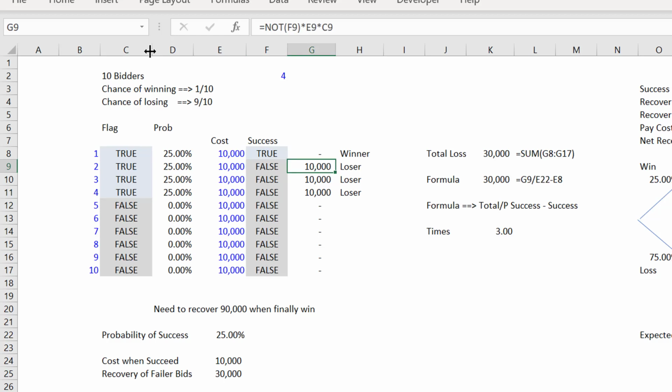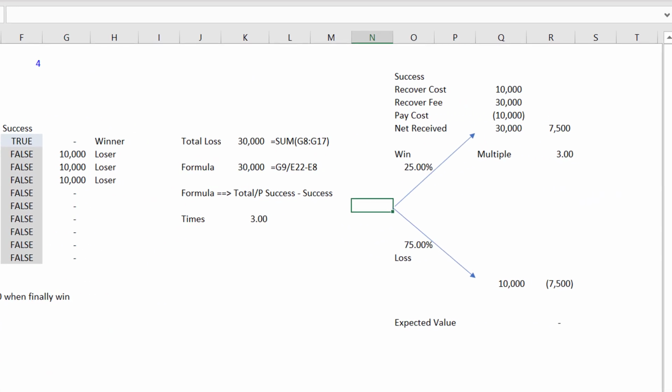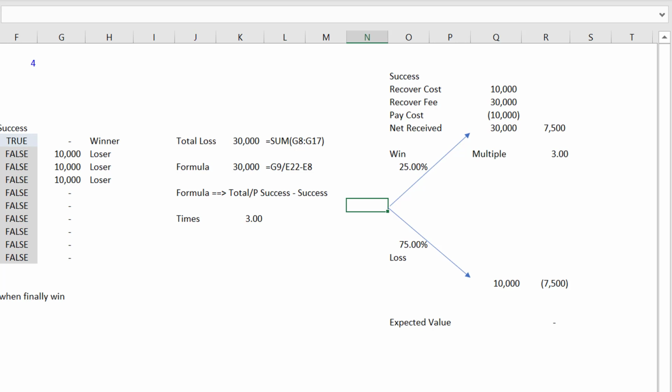And then I said, okay, let's kind of prove that this whole thing works. So we're going to go over here, and we have a probability of winning of 25%, and a probability of losing. So you have a 1 in 4 chance of winning, and a 3 in 4 chance of losing.